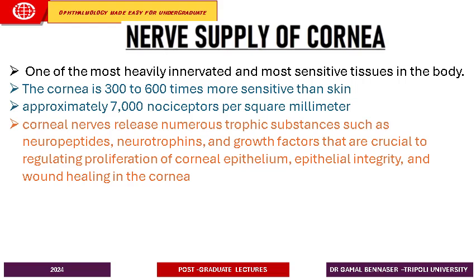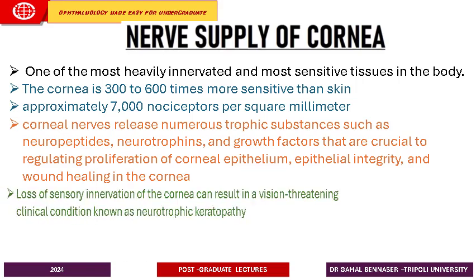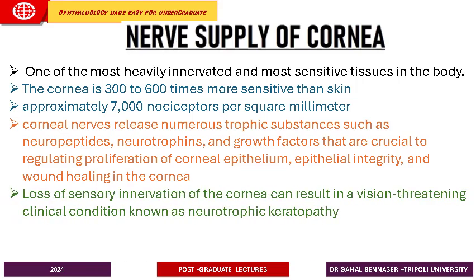So in some diseases like neurotrophic keratitis, there is a persistent epithelial defect due to loss of innervation. The nerve endings release certain growth factors and insulin-like growth factors that promote healing and maintain an intact surface epithelium. And the loss of the sensory innervation of the cornea can result in vision-threatening clinical conditions like neurotrophic keratitis, as I mentioned before.